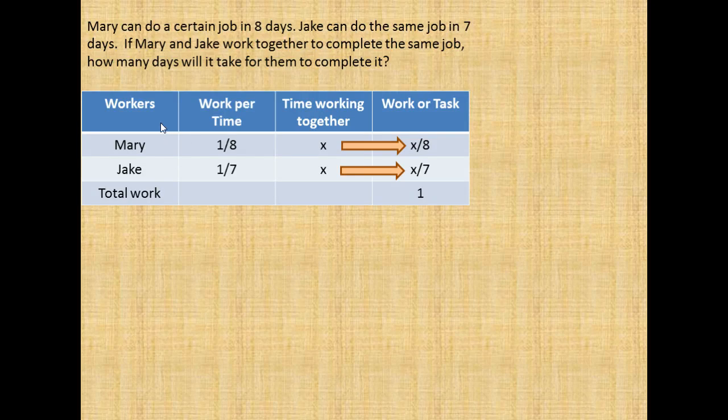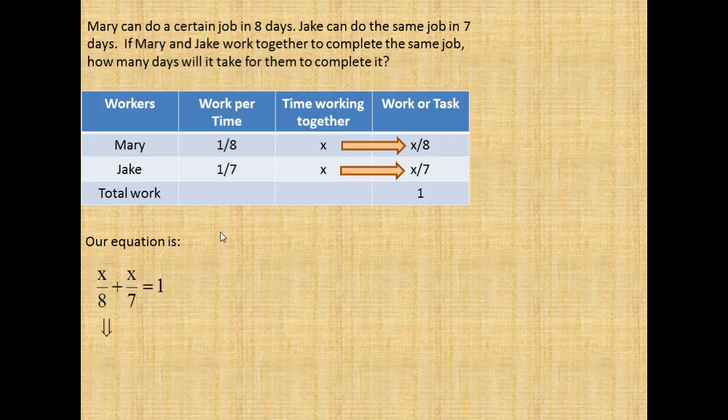As before, we have our table: rate equals work per time, time working together, and our working task. So Mary can complete, according to the question, 1/8 of the task per day. And Jake can complete 1/7 of the task per day.